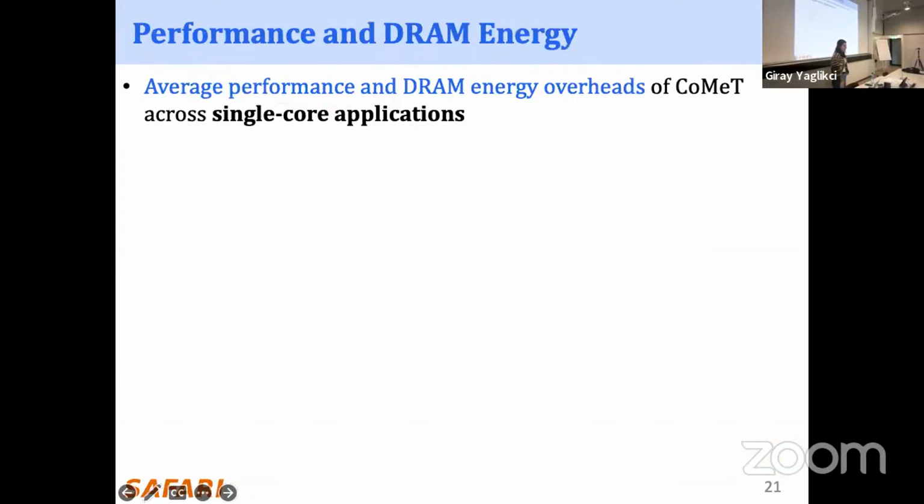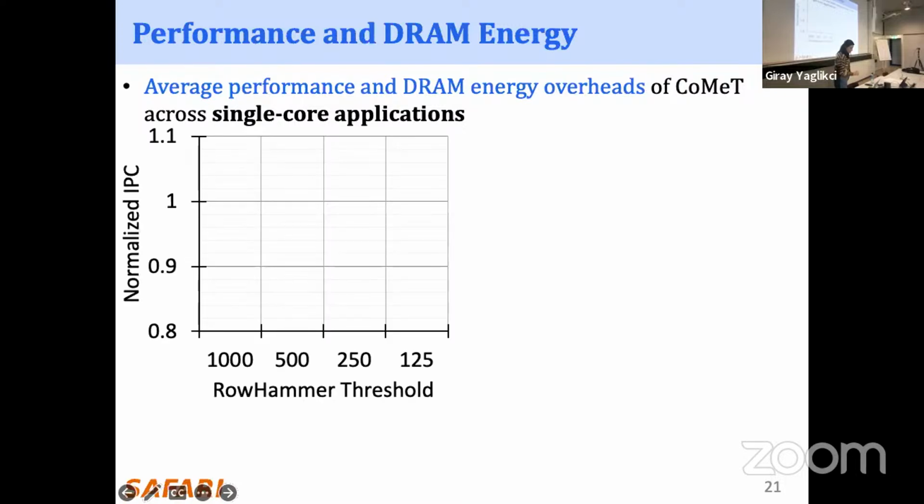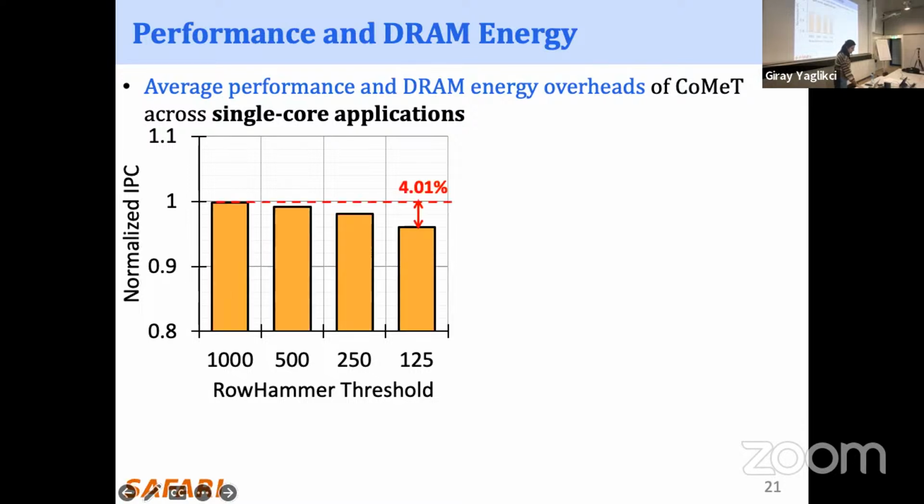Let's look at the performance and DRAM energy overheads of Comet. So we evaluate the average performance and DRAM energy overheads of Comet across single core applications here. And this is Comet's performance normalized to a system with no RowHammer mitigation across different RowHammer thresholds. And as the RowHammer threshold decreases, Comet has a small performance overhead over the baseline because it issues preventive refreshes as opposed to no mitigation being in the system.